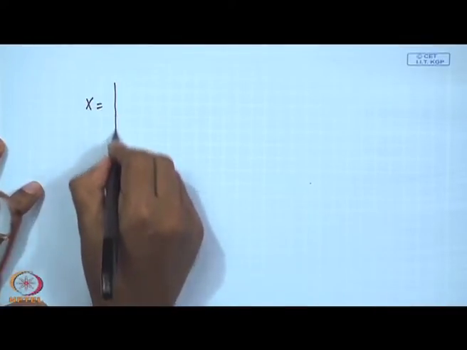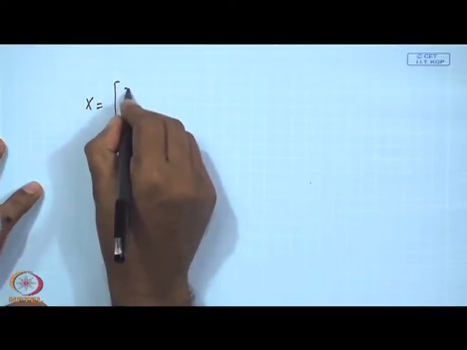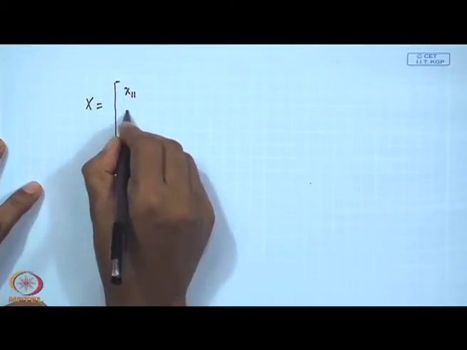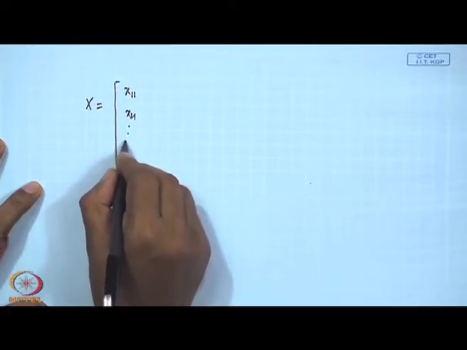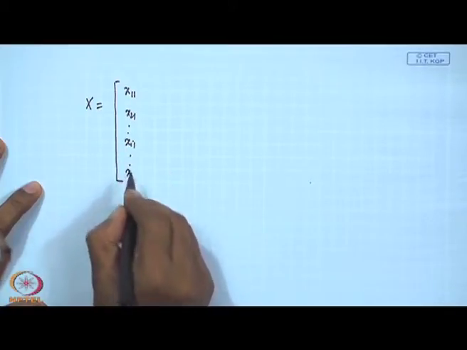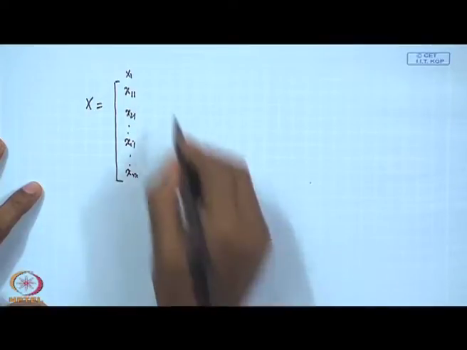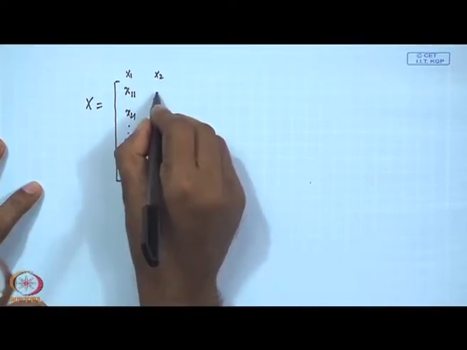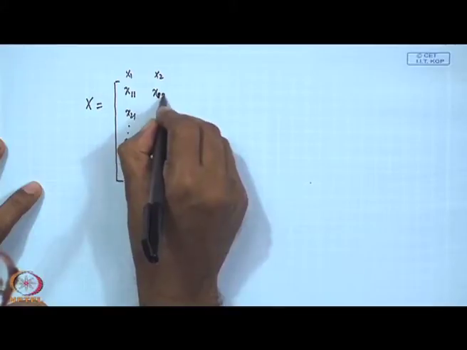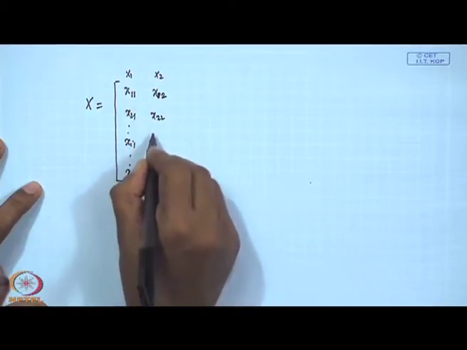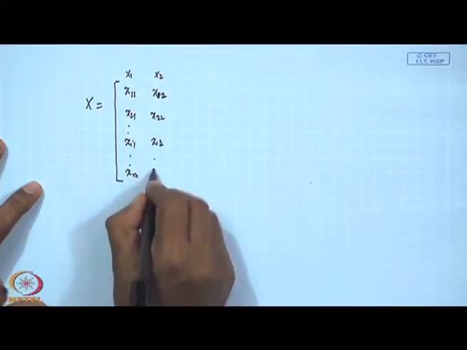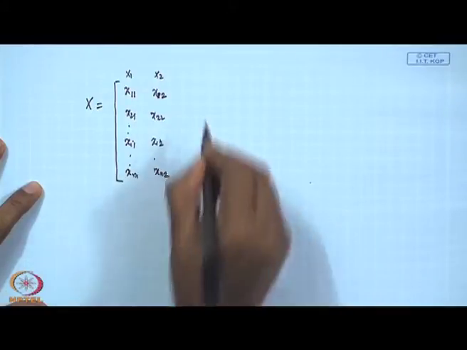Thus, the data matrix, as you saw last class, is like this: x_11, x_21, like x_i1, x_n1, that is the observations on variable x_1. Similarly, the observations of variable x_2 are x_12, x_22, like x_i2, then x_n2.